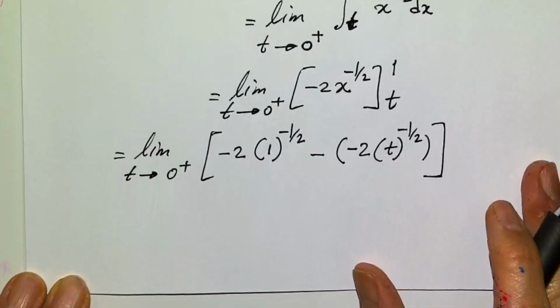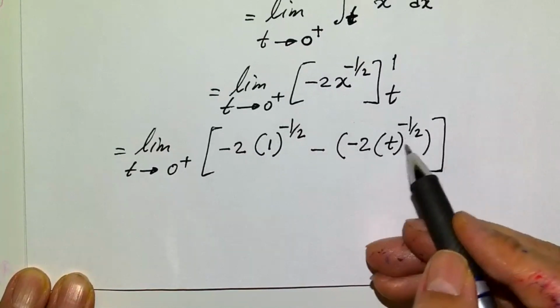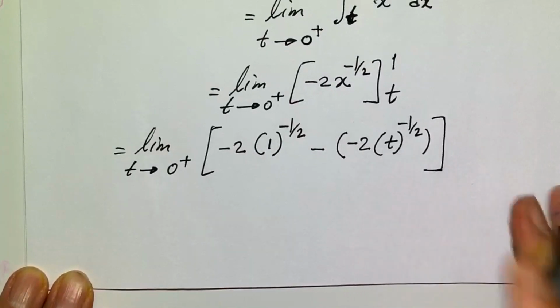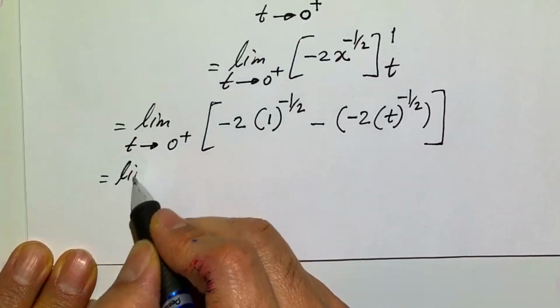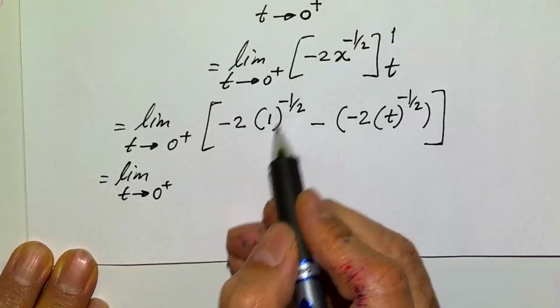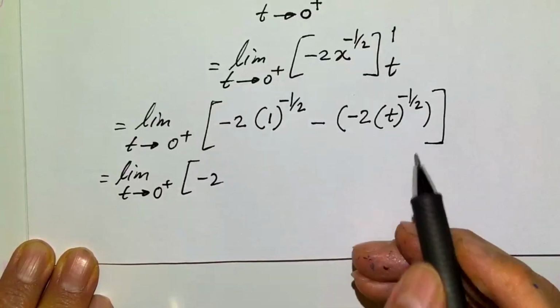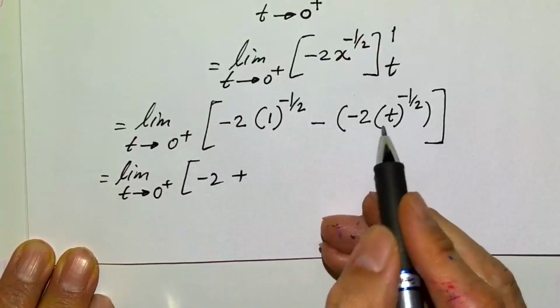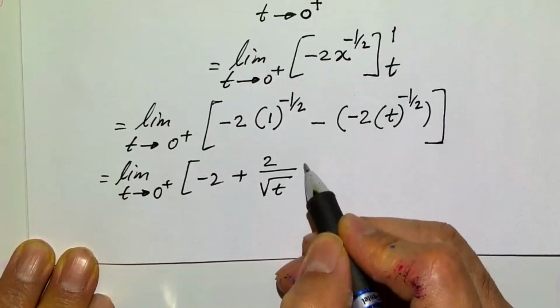And of course, it's going to drop out as 0, because if you rewrite this with positive t power, in fact, let me do that, even though it's going to take some space. It's okay. So this is just 1, that's negative 2. And then this is positive 2 over square root of t, right?